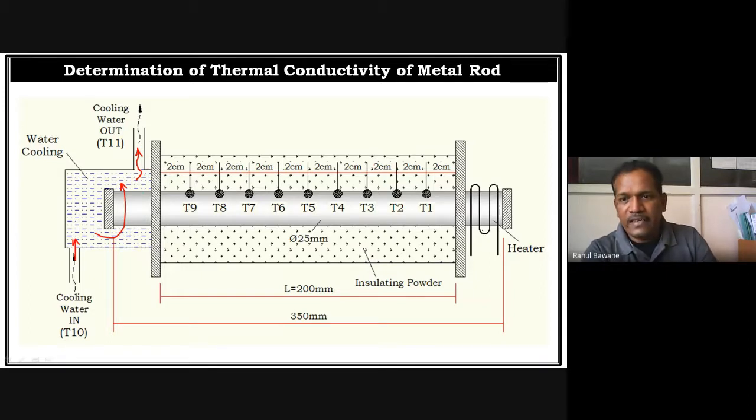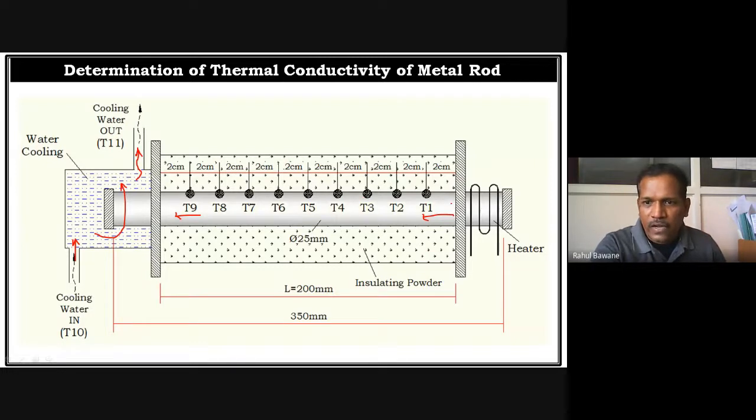Why do we maintain two ends at different conditions, one heating end, second cooling end? So that heat will transfer from the heating to the cooling side. Accordingly, when we check the thermocouple readings, the T1 thermocouple is nearer to the heater, so definitely its value will be higher. Then T2 a little bit lesser, T3 again lesser.